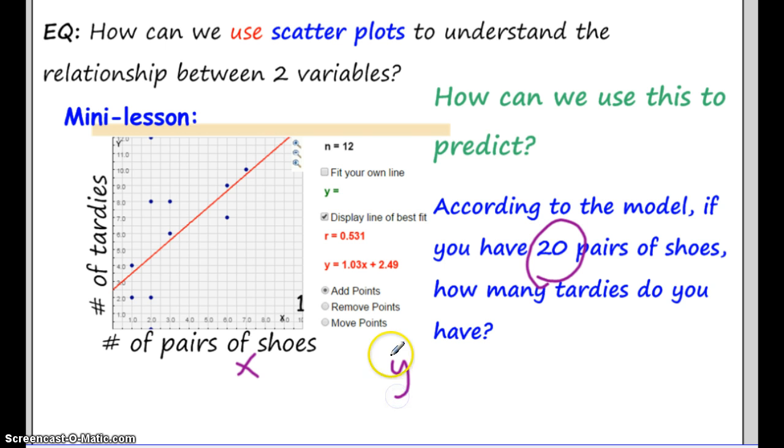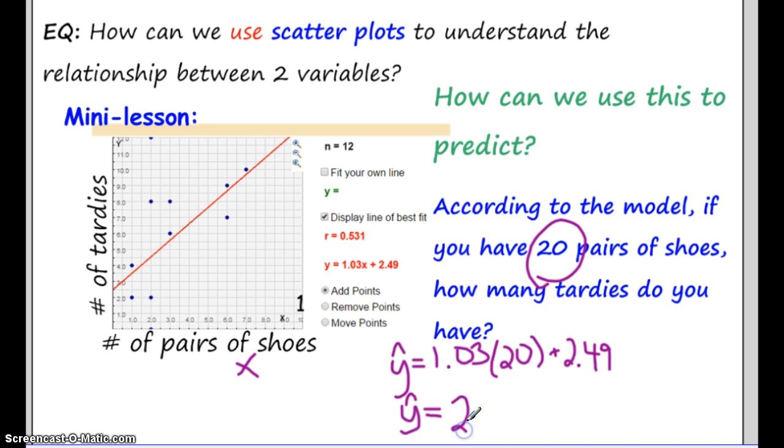So we've got y hat equals 1.03. Now we're going to plug in our x here of 20 and then add our y-intercept, which is 2.49. After calculating, we're going to get the predicted value of the y, or the number of tardies. So when we do the calculations, we get y hat equals 23.09.